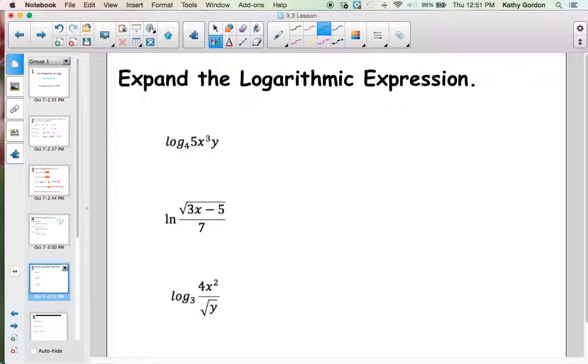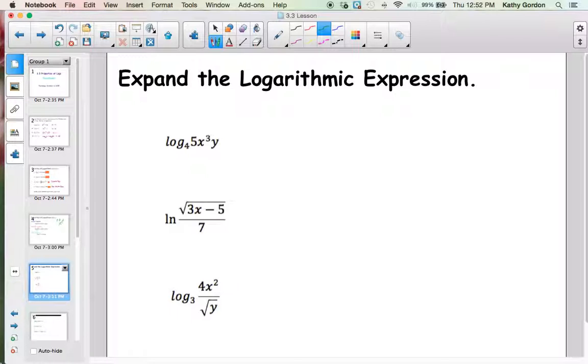We're trying to pull it apart, so to speak. Whereas if I get it already pulled apart, where pieces are being added and subtracted and lots of logs are involved, condensing means I'm trying to pull it all back together into a single log. Being able to go from a single log and expanding it, or from something more spread out and condensing it, is what's going to help us when we get to solving.